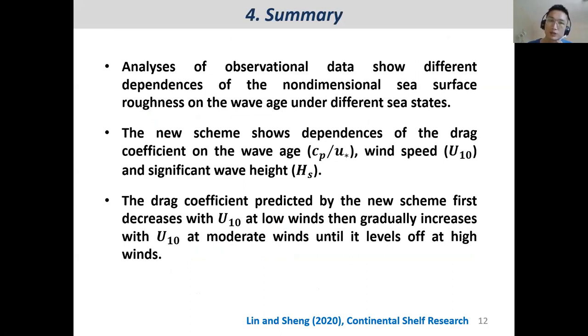And the new scheme shows the dependency of drag coefficient on the wave age, wind speed, and also the significant wave height. And overall, the drag coefficient predicted by the new scheme first decreases with wind speed at low winds, and then gradually increases with wind speed at moderate winds until it levels off at high winds.